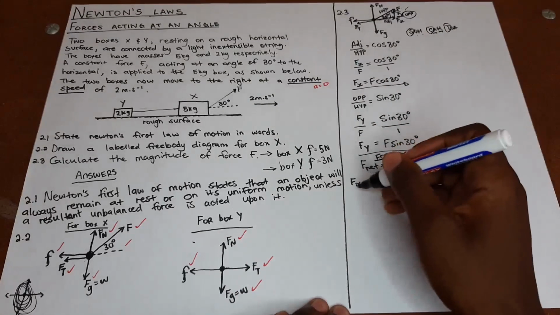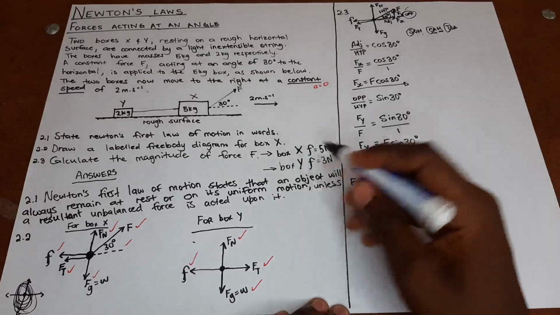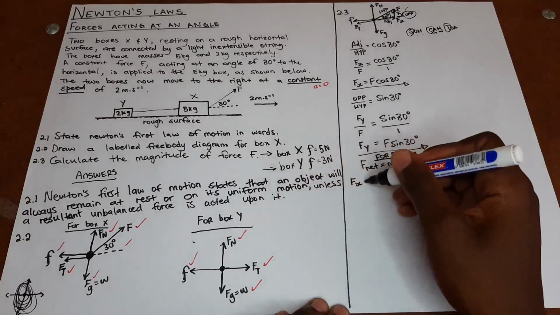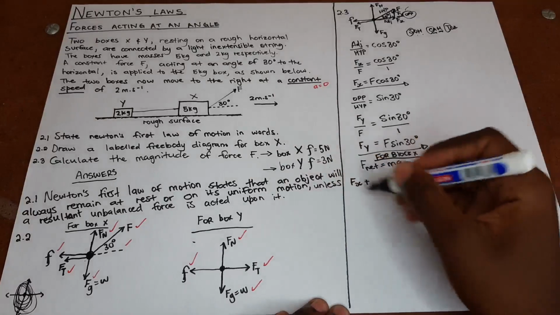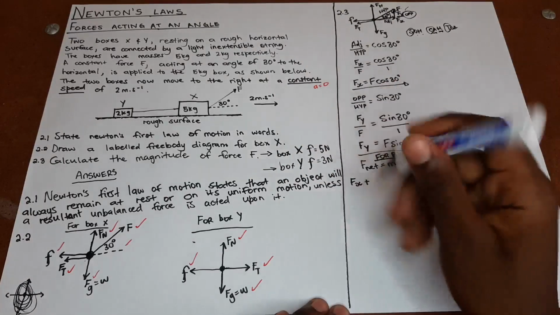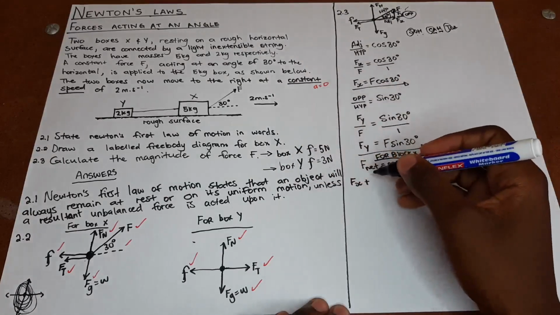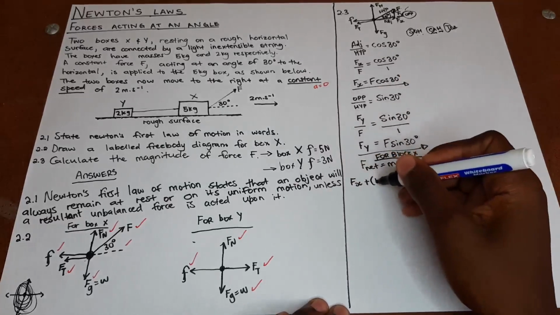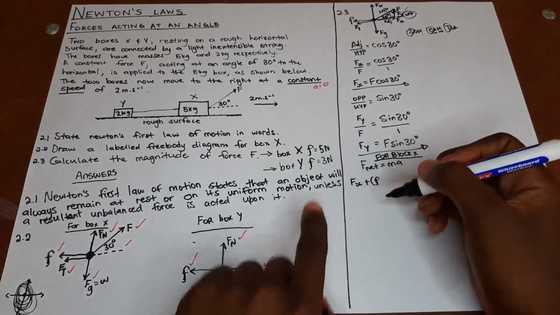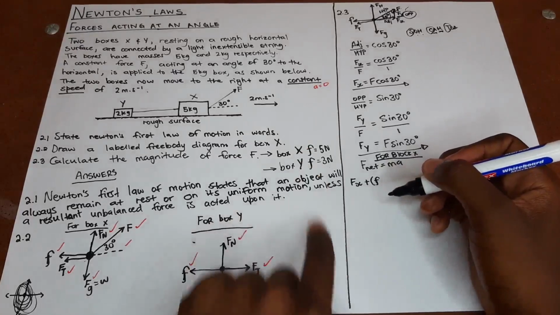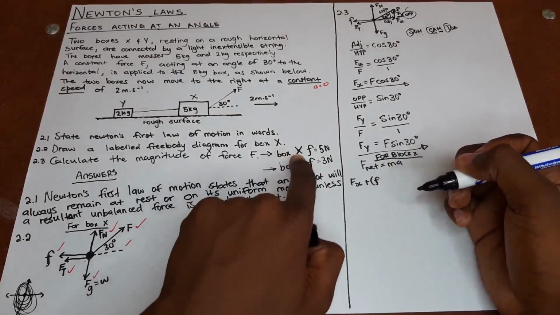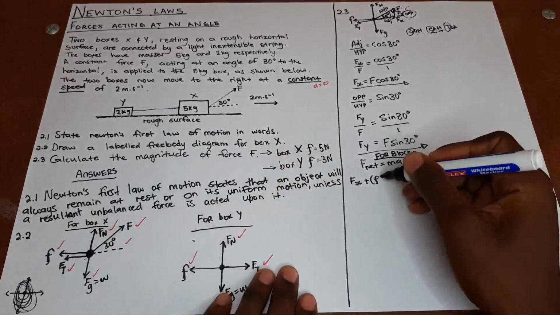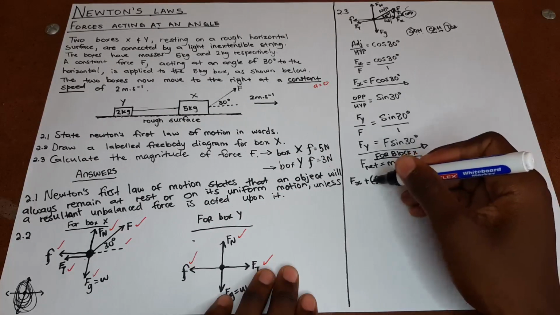So Fx, plus, this is the net force, all forces acting on an object we have to add, minus the frictional force that was given here, because we're looking at block X, which was equal to 5 newtons.